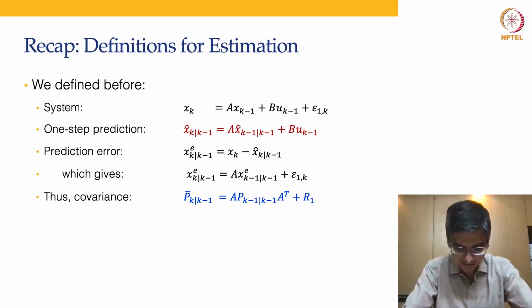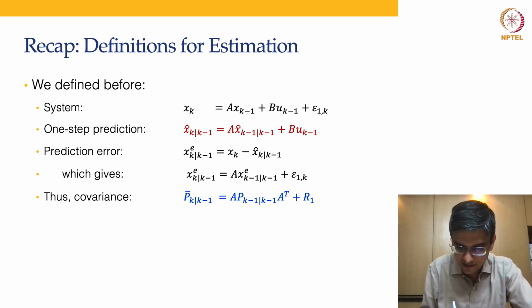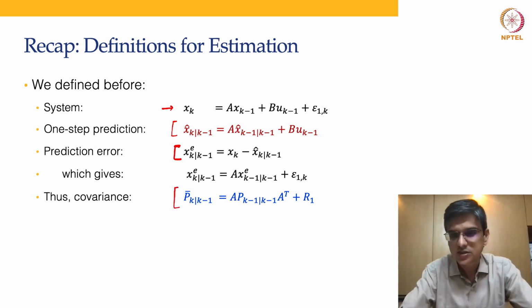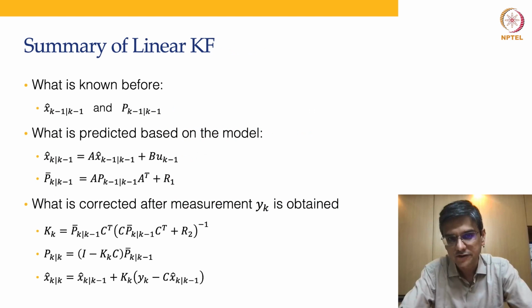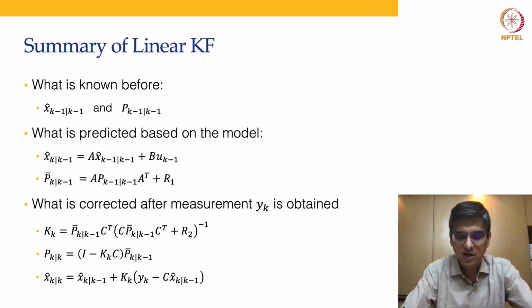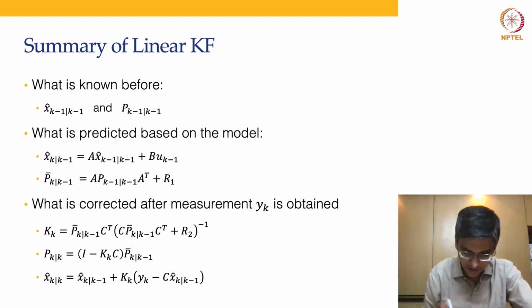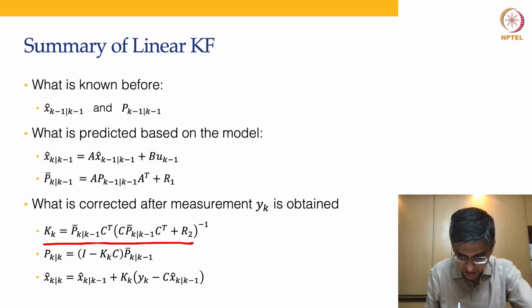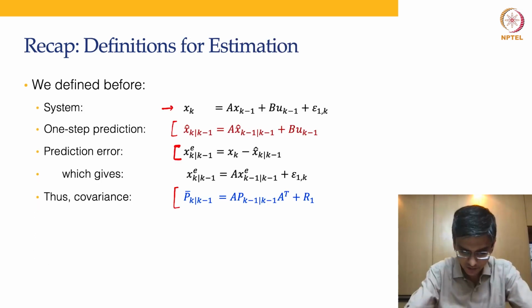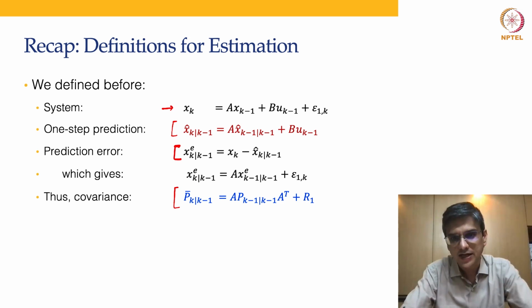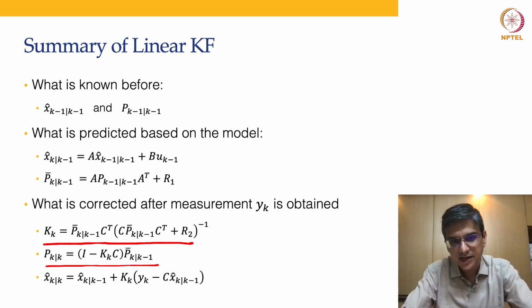Okay, and again, you have this is the system model, the one-step prediction equation, the prediction error is this, and the covariance is this, and this is the one step ahead covariance. From the one step ahead covariance, you use the Kalman filter Riccati equations in order to calculate the Kalman filter gain, and then to calculate P, and then you can go back and calculate P bar k plus 1 at k as the next step.